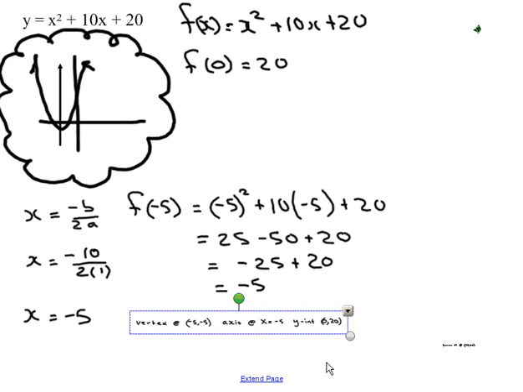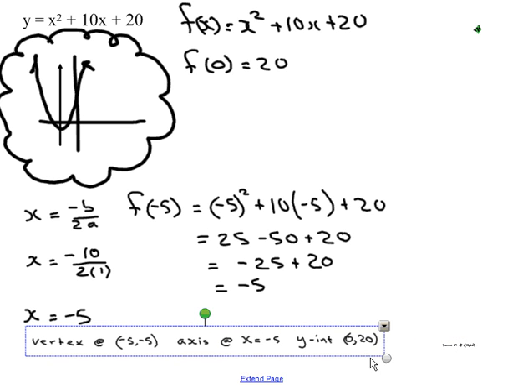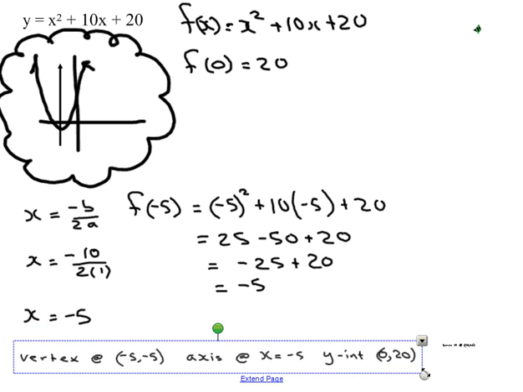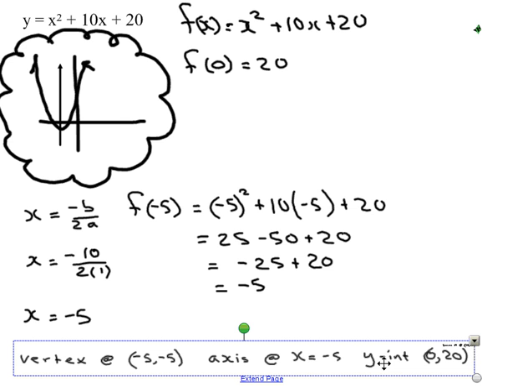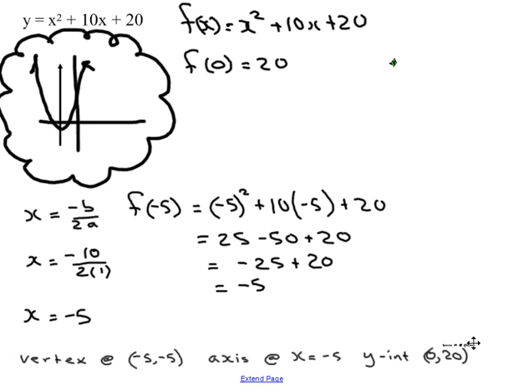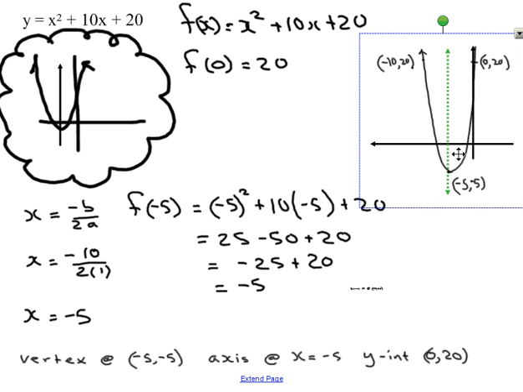So then I summarize my findings. First found a y-intercept of 20, and the axis of symmetry at negative 5, causing the vertex to be negative 5. And put all this information together along with a bonus point, which I'll share with you in a moment.